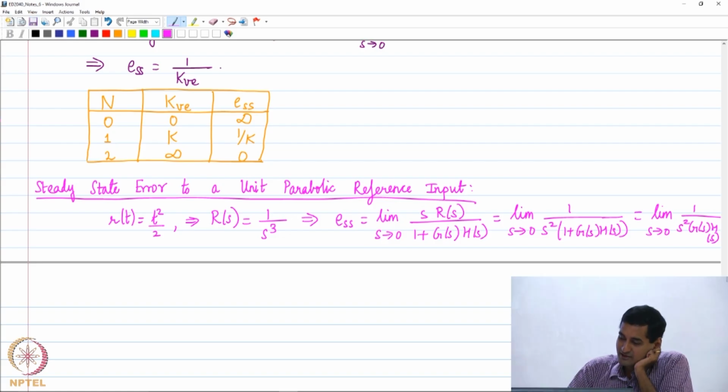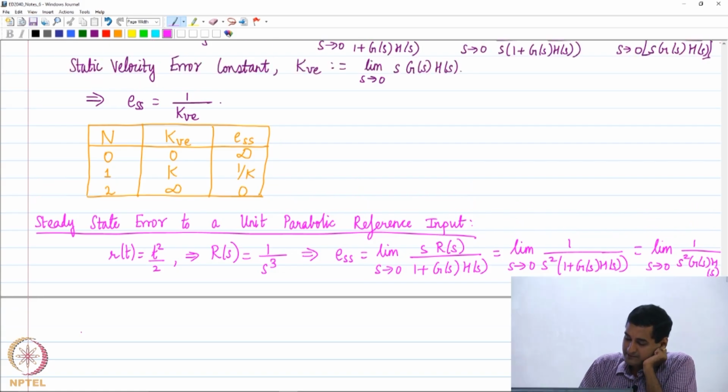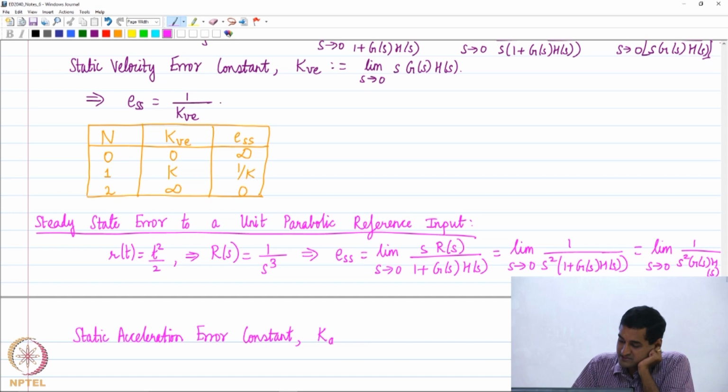So similarly, just like what we did above, we define what is called the static acceleration error constant, which is defined as KAE equals limit s tending to 0 of s squared g of s h of s.